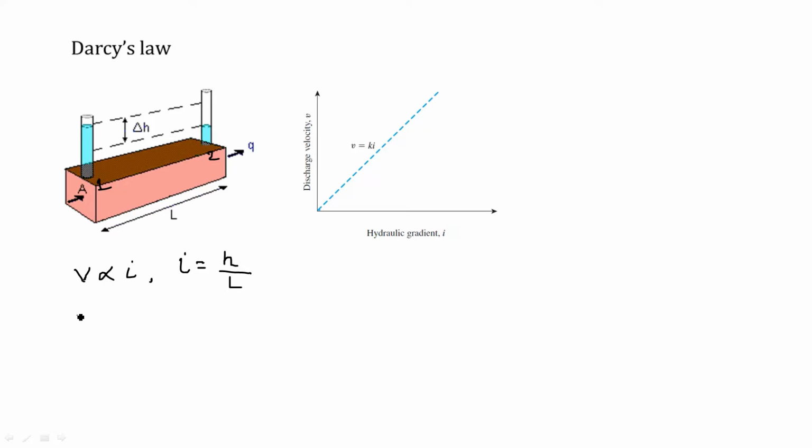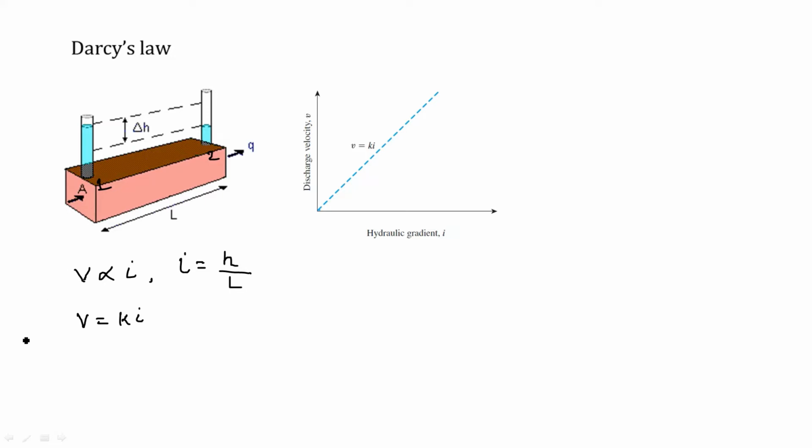Now we can write V is equal to K i, where K is the proportionality constant and it is called hydraulic conductivity or permeability, and the value of K depends on the soil.